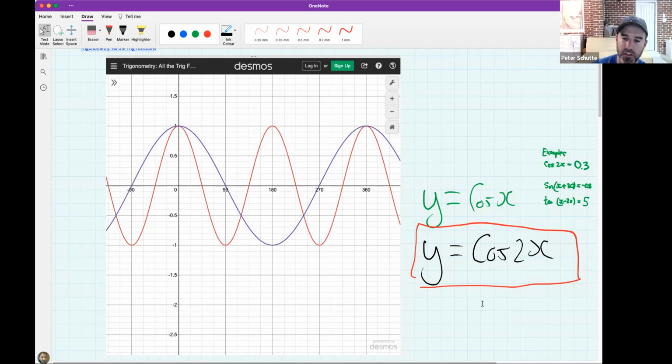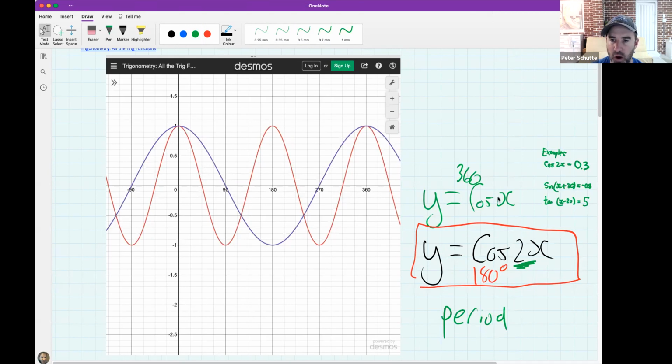The period of this new graph is no longer 360. The period is going to be 180, whereas it used to be 360. It used to go in steps of 90. Can you see it's now going in steps of 45 degrees? And so if you change the number in front of the x, we call that a period change. The period has changed from 360 to 180.